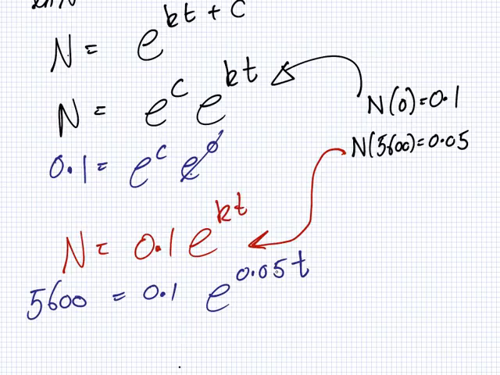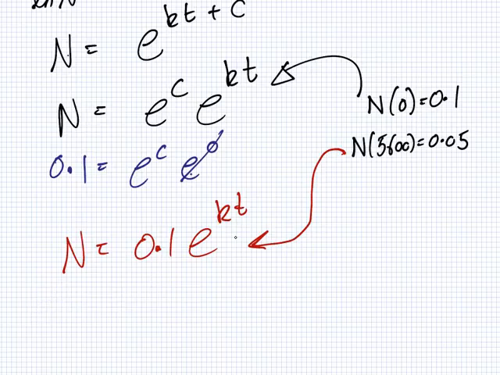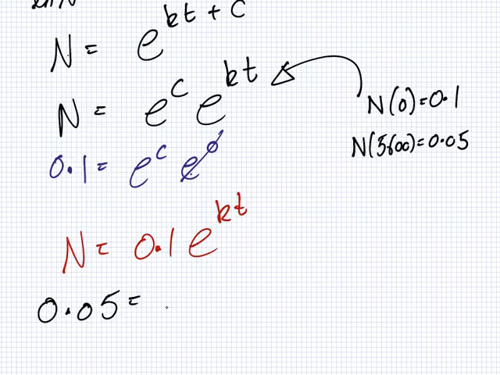What am I doing? Sorry, that's totally wrong. Let's try that again. 0.05 equals 0.1 e to the k times 5600. Now it's right.